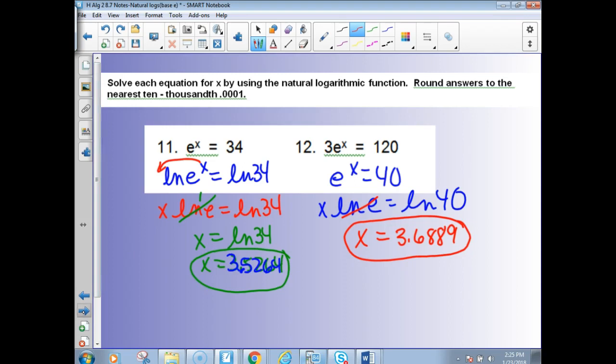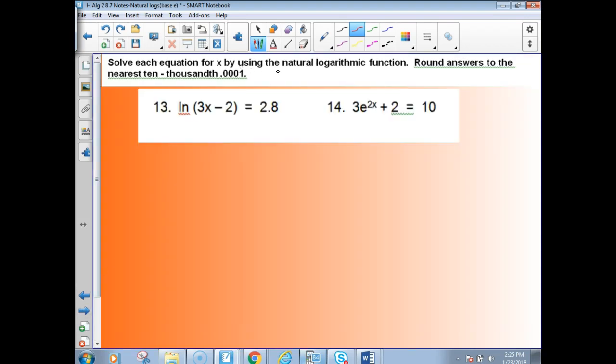All right. Number 13. Solve each equation. Same thing, 4 places. Can't take the natural log of the natural log. I already got a natural log in the beginning, so I can't do what I was just doing. When you can't do what you thought you were going to do, what should you try to do?